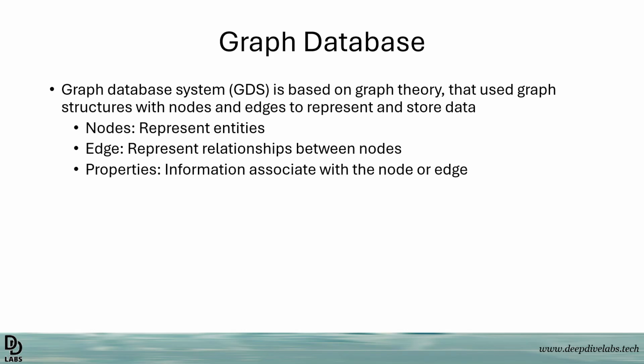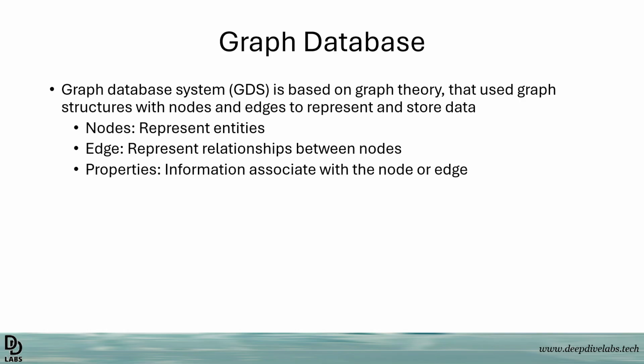So a graph database system, shortened as GDS, is based on graph theory that uses graph structures with nodes and edges to represent and store data. The nodes essentially represent the entities, equivalent to your ER diagram, and the edges represent the relationship between the nodes, and there are properties that you can associate.